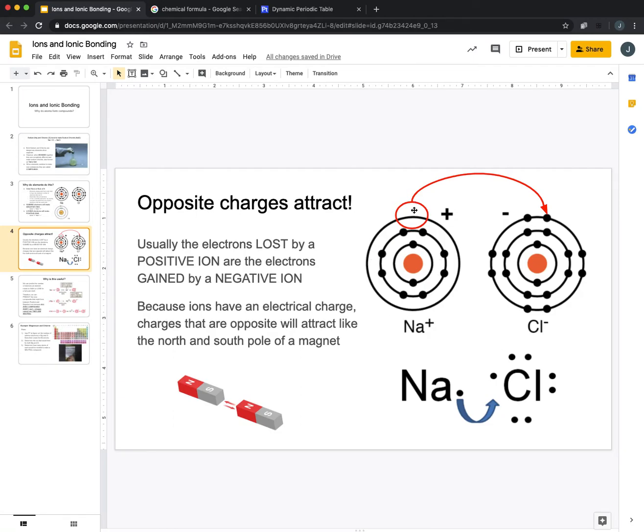And by losing the electron, sodium is now a positive atom, because now we have more protons, more positives, than electrons, or negatives.